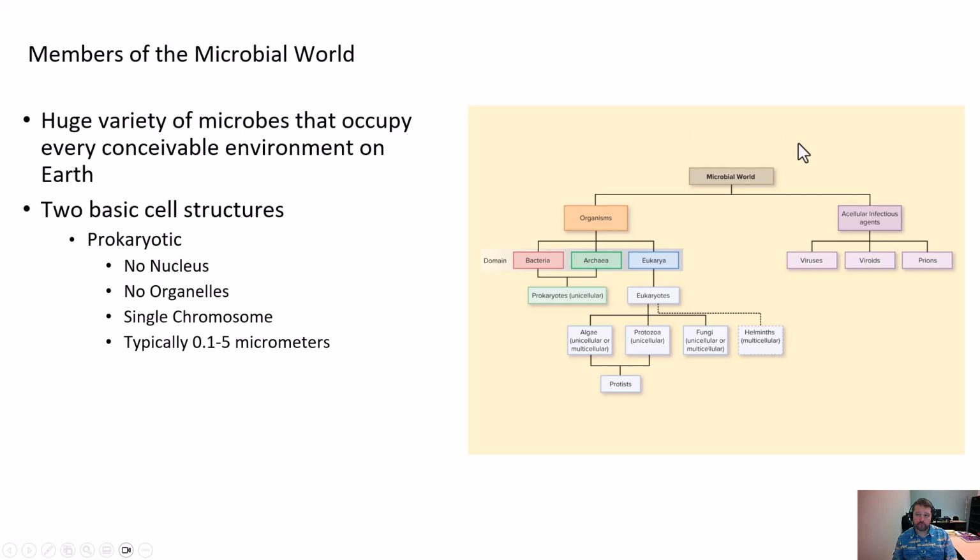If it's microbia or microbes, it might be considering everything on this chart, including viruses, viroids, and prions, things that are non-living, which we normally call acellular or non-cellular infectious agents or entities.